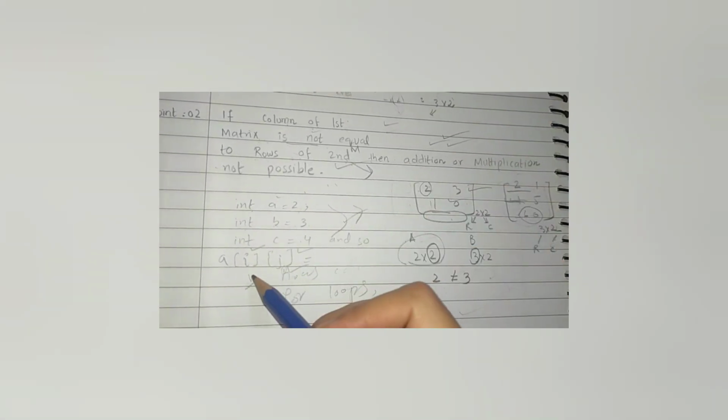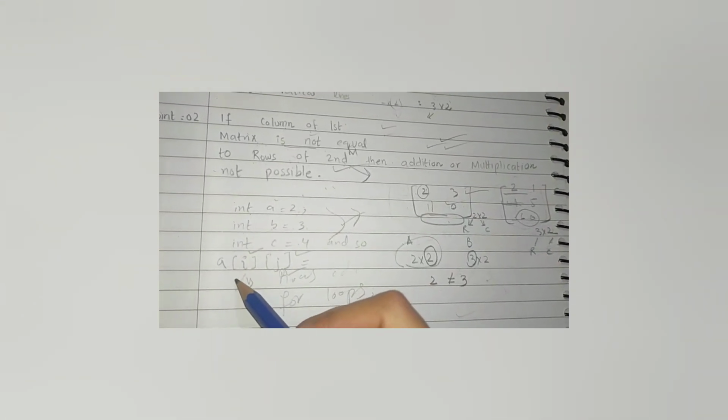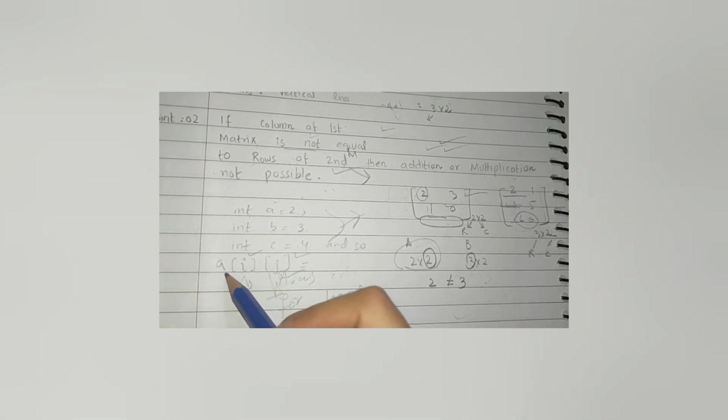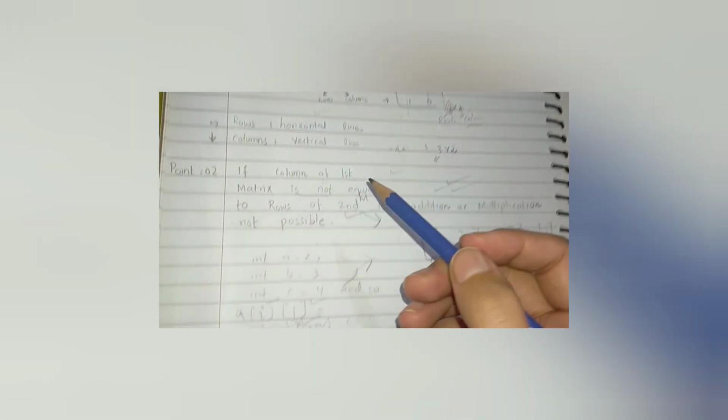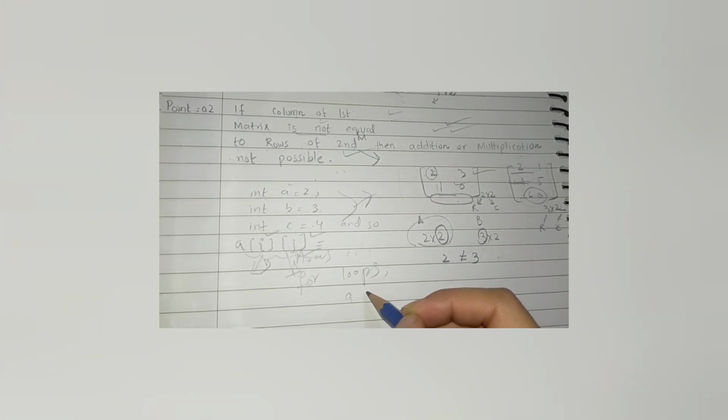So why not use arrays? Arrays consist of rows and columns, right? So an array will generate a space for these entries in the memory, right? So that's why we will use arrays in our program.